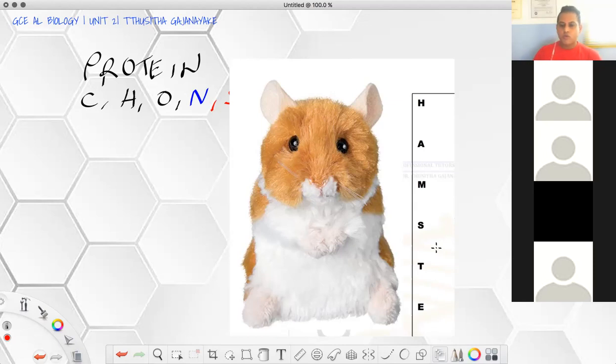Right. What are the functions of the proteins? We can remember in this order: hamster. Can you try to send a few functions of proteins?